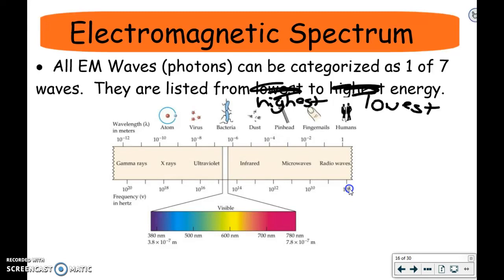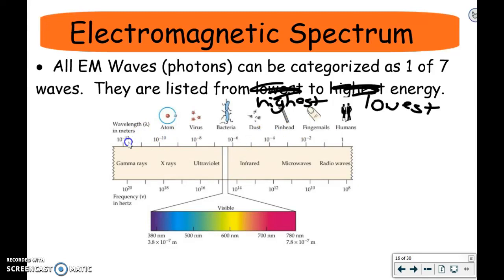So as the frequency gets bigger, the energy gets bigger. And once again, as the wavelength gets bigger, the energy gets smaller. So there's an inverse relationship between wavelength and energy, and a direct relationship between frequency and energy.